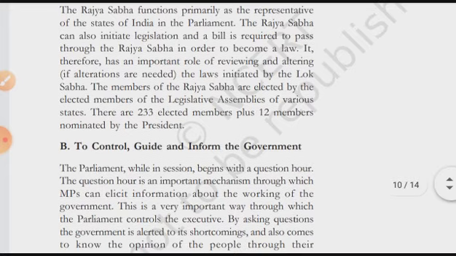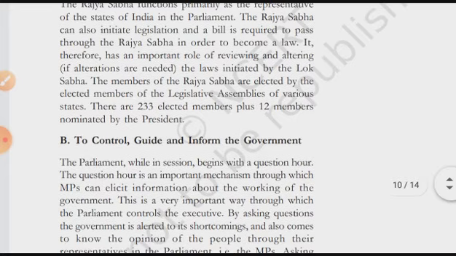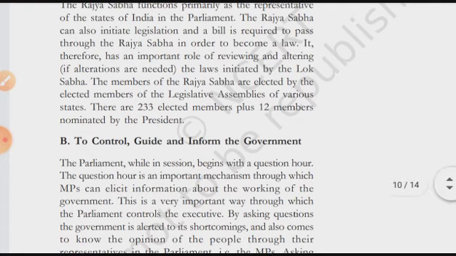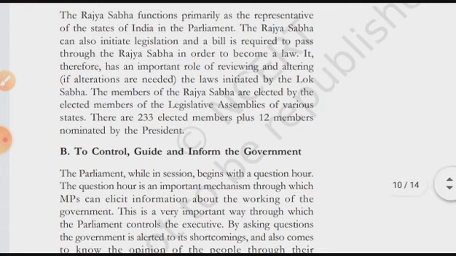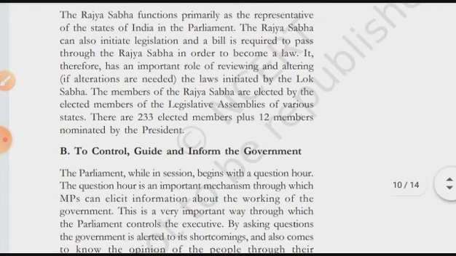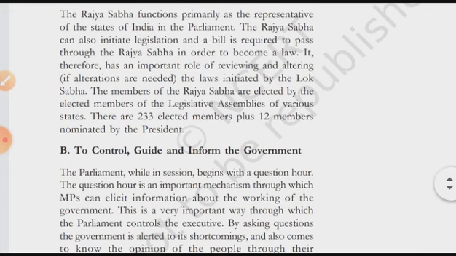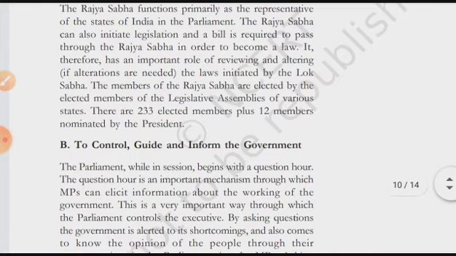It therefore has an important role of reviewing and altering, if alterations are needed, the laws initiated by the Lok Sabha. That is why the Rajya Sabha plays an important role in reviewing the laws and making any alterations needed.